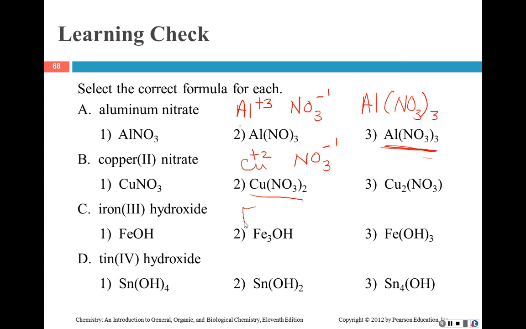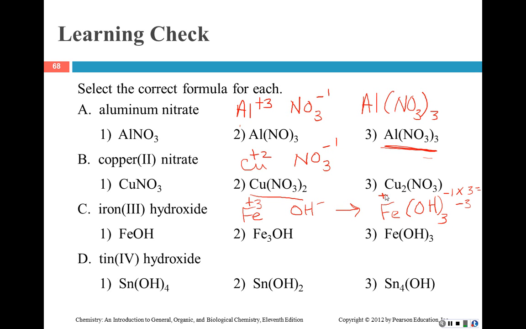Iron, the Roman numeral tells us it's a +3. The hydroxide, if you look back at that, it's an OH -1. And so in order for those to neutralize each other's charge, you're going to have 3 of those, because a -1 times 3 is a -3.